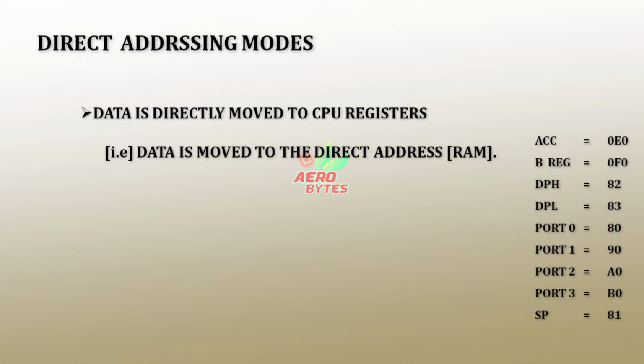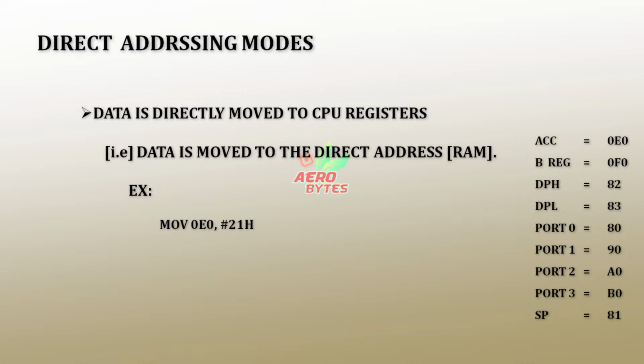Port 1 RAM address is 90. Port 2 is A0. Port 3 is B0. Stack pointer is 81. These RAM addresses are important, and will help you to identify the RAM address.